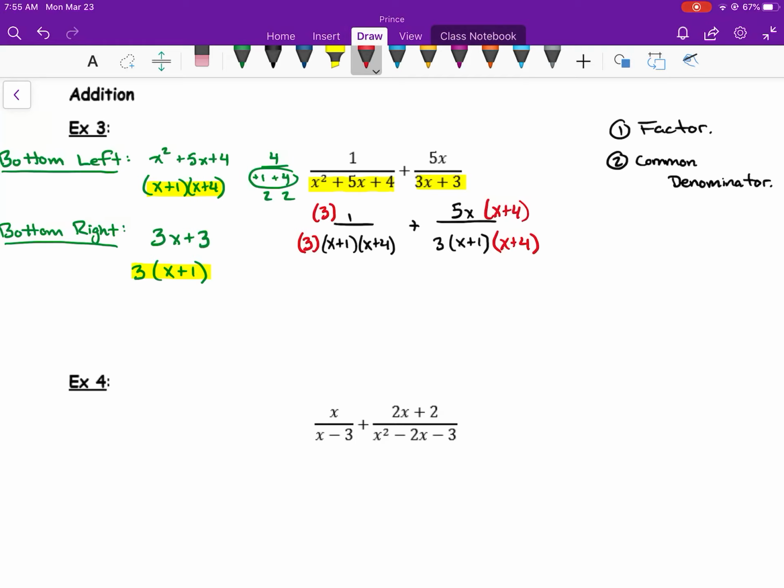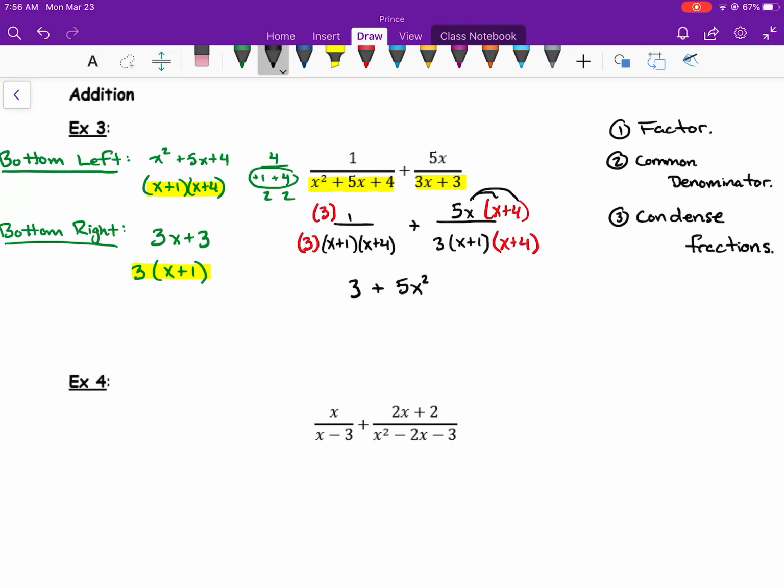Okay, so now we can clean this up and condense our fractions. Alright, condense fractions. Okay, so top left, I'm going to get 3 plus, let's distribute here.